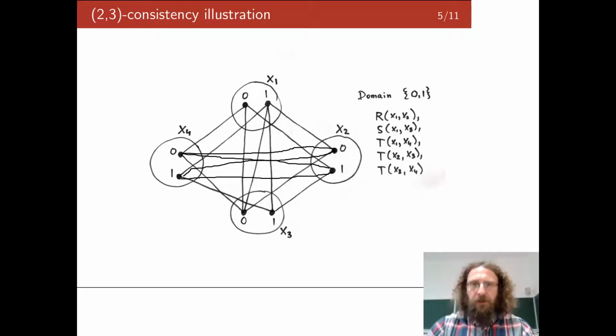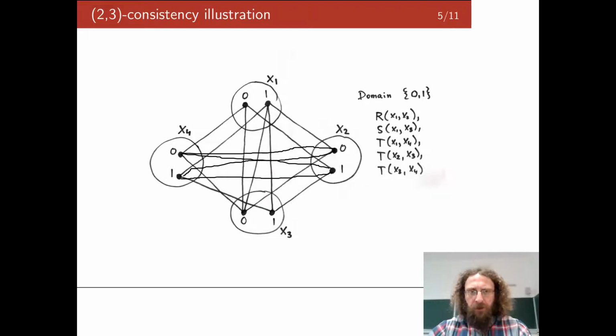Now the second condition says that any consistent evaluation on two variables extends to any other variable. Let us consider the evaluation x1 goes to 1 and x3 goes to 1. And let's look at the additional variable x4.